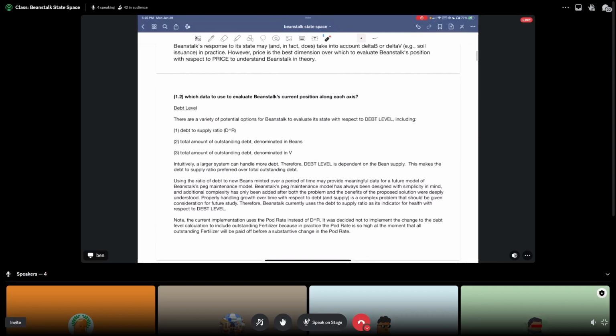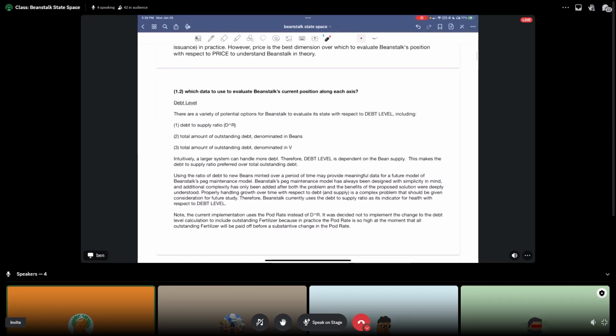Second, we've got the debt level. We could use the debt to supply ratio, which is what Beanstalk currently uses. Beanstalk could use the total amount of debt outstanding and denominated in beans or V. But of course, larger systems can handle more debt.